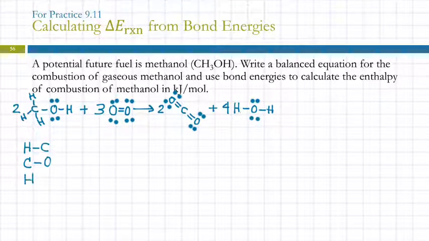And I have a hydrogen-oxygen single bond. Right? So I have 3 carbon-hydrogen bonds in one of those. I have 1 carbon-oxygen and 1 hydrogen-oxygen. Does that make sense? See that? But I'm going to break up 2 of these. So these numbers are going to double.